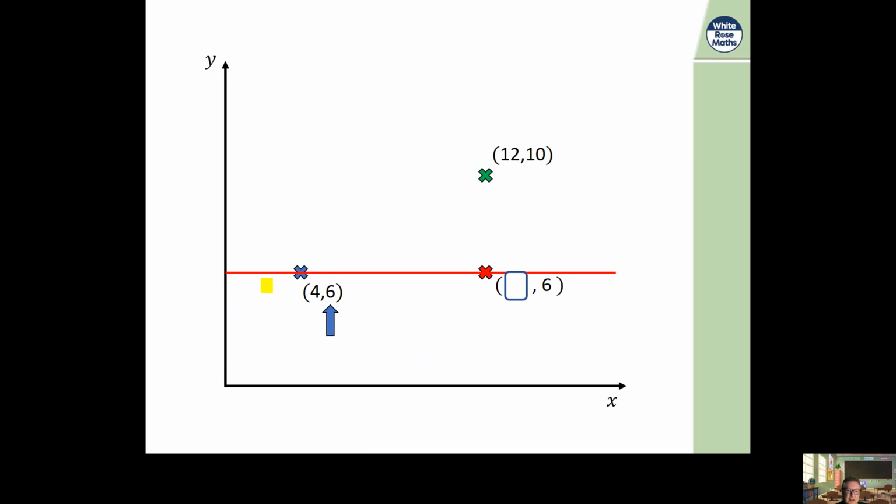So in here, they're in line. So that's the 6. Here we're going across the x-axis. And we've got 12. 12, 6.